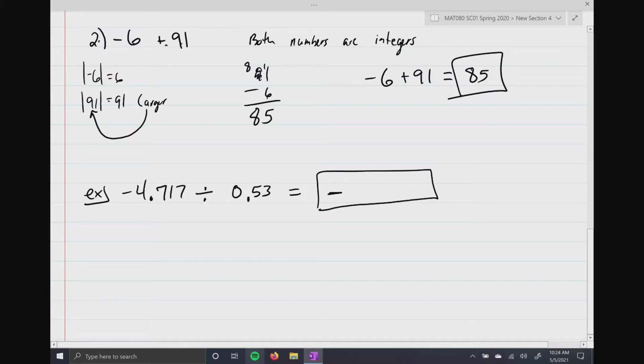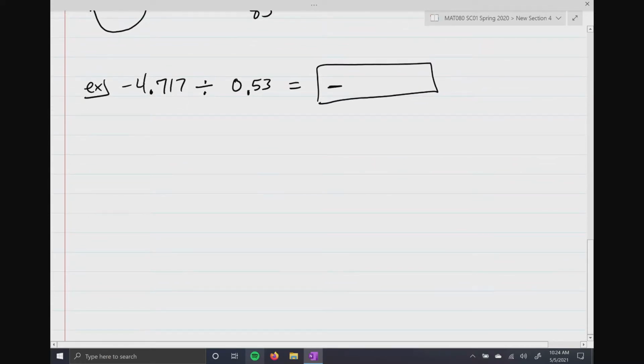Now that I have established that, let's go ahead and divide the numbers. So remember, the denominator goes outside the house. The numerator goes inside.